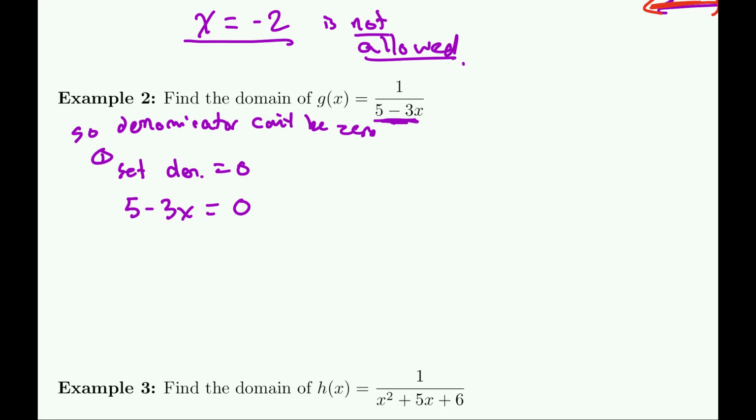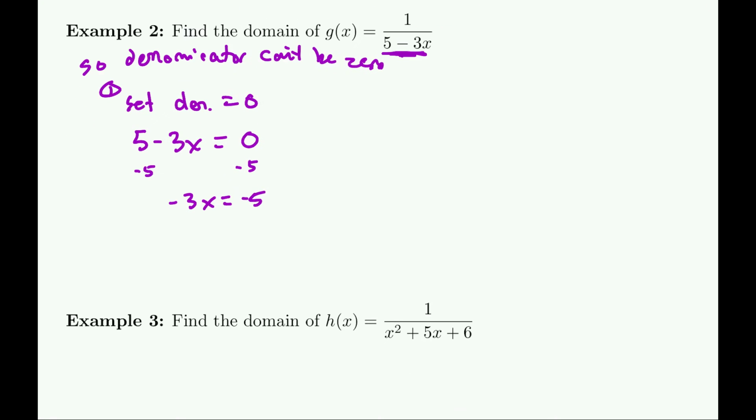Solve this however you want. I'll do minus 5 minus 5. Negative 3x equals negative 5. Divide by 3, over negative 3 over negative 3. We get x equals just 5/3, positive 5/3 because a negative over a negative is positive.